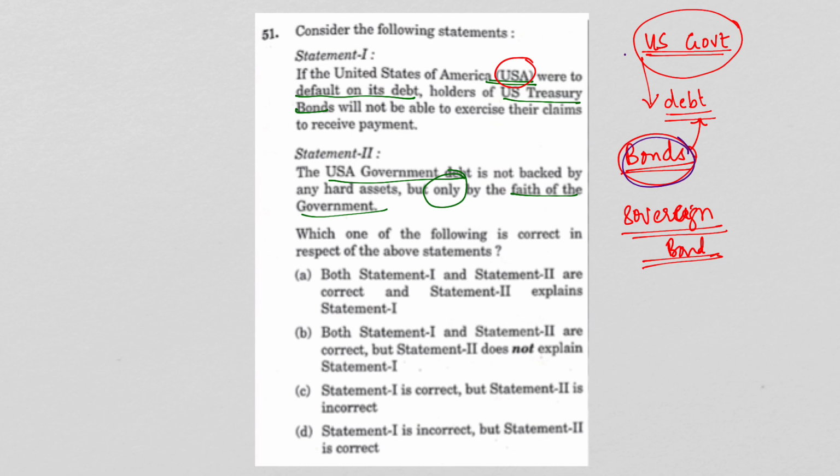Now, which is the situation where the bond holders can claim their payment or receipts? This is a situation where they have bonds which are backed up by collateral. Let us take a very simple example.